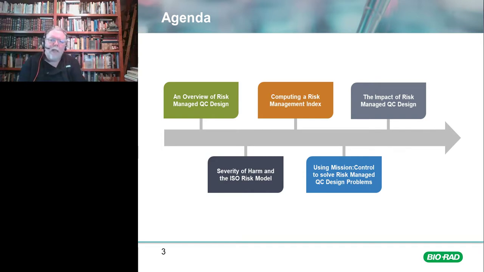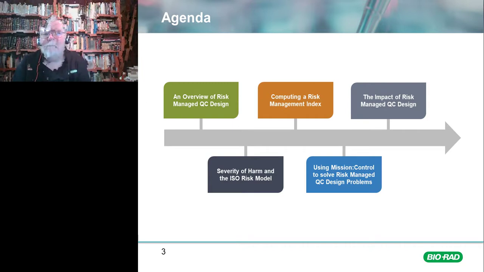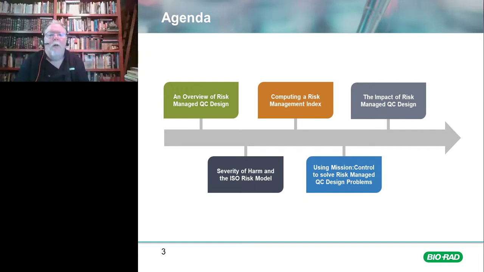And in order to get there, we're going to start with an overview of risk-managed QC design, and why it is important. And then we'll talk about this ISO risk model and severity of harm. And then how do we put all these things together and actually compute a risk management index?